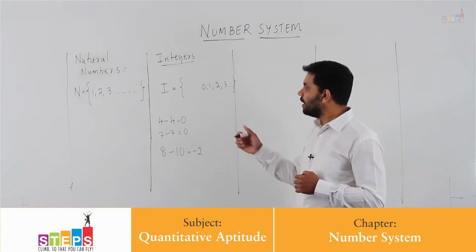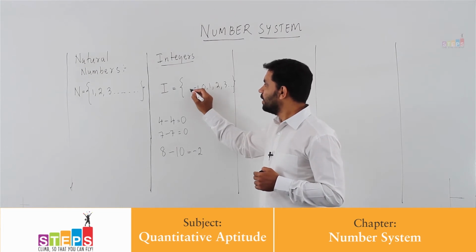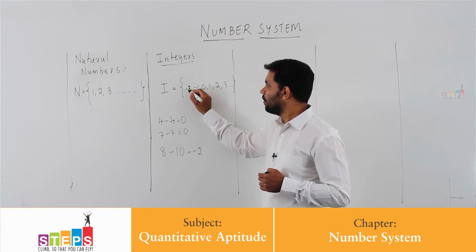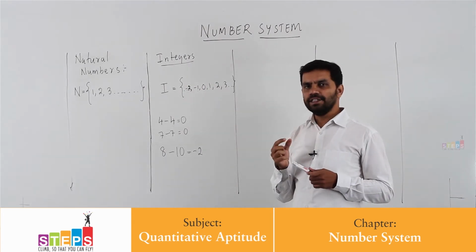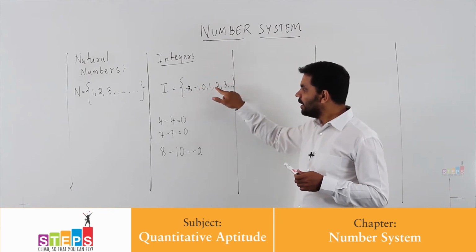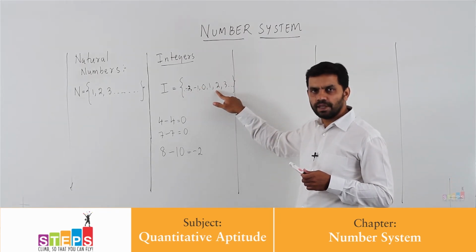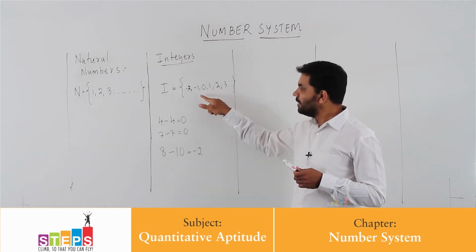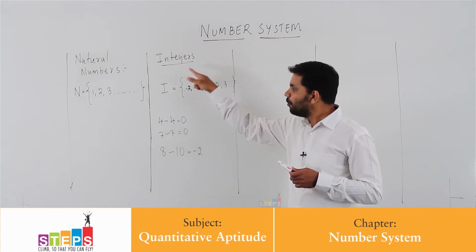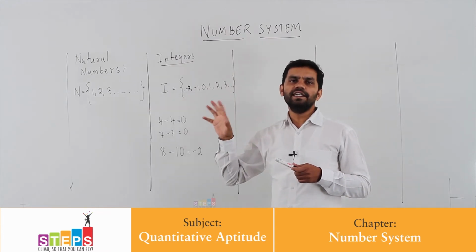Negative values are included in this, so on. Minus 1, minus 2, it goes on like this. Now what exactly are integers? Integers include natural numbers, that is positive numbers, 0 and the negative numbers, all put together what we call integers.